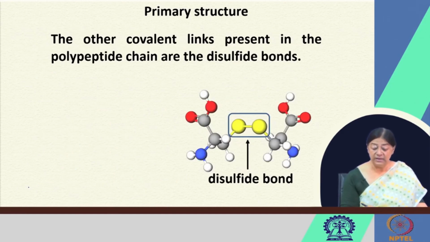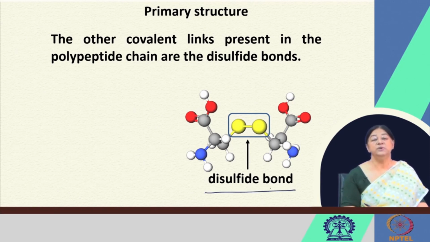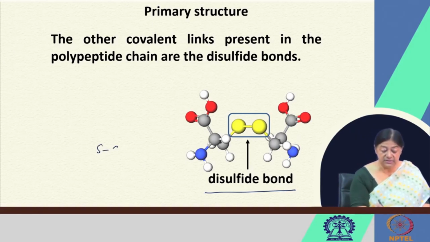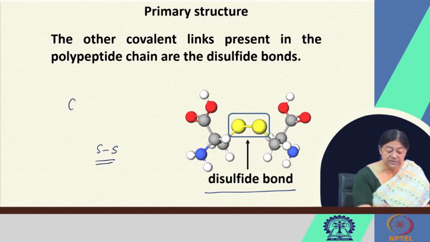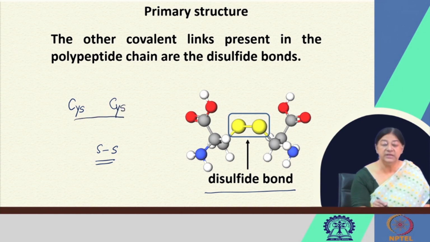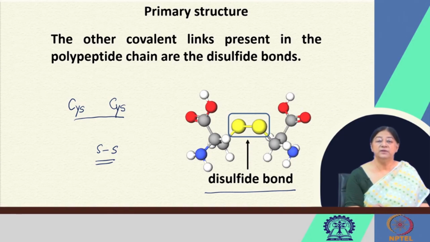The other covalent links that are present in the polypeptide chain are the disulfide bonds. We saw this when we studied the cysteine, where we had the S-S bond formation from 2 cysteine amino acids. When 2 cysteine amino acids link together to form the disulfide linkage in proteins, it is called a cystine, and this is helpful in bringing a folded structure in terms of having different parts of the polypeptide chain link together.